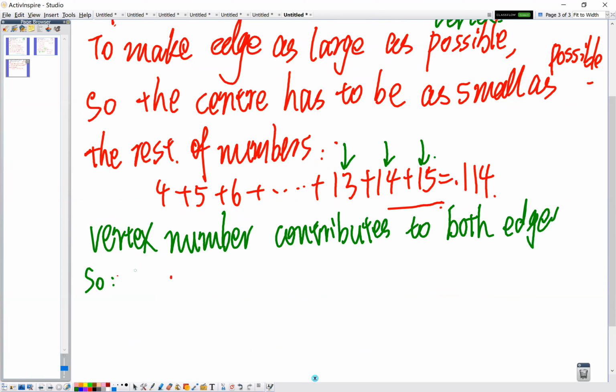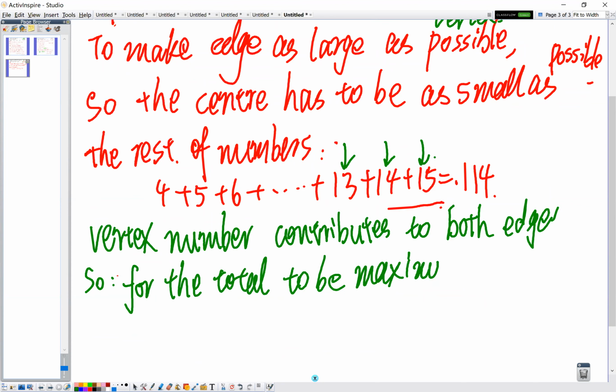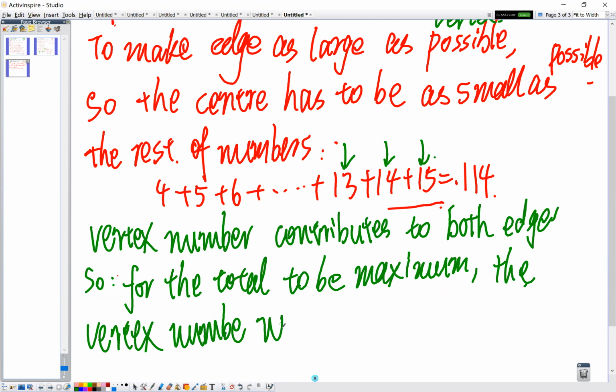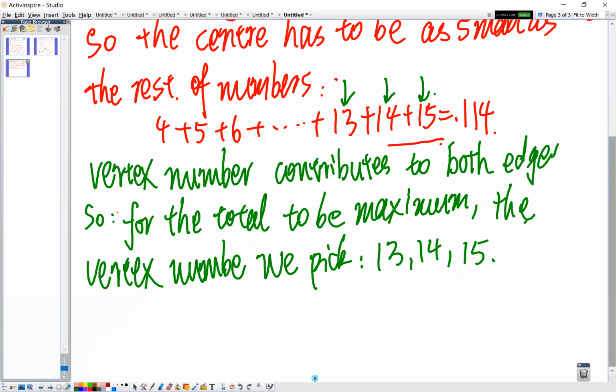So for the total to be maximum, the vertex numbers, we pick the top 3: 13, 14, 15. So in that case, the sum of the integers on the 3 edges, how much is that?